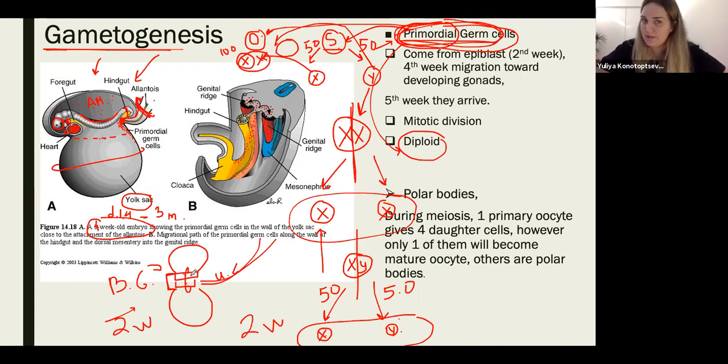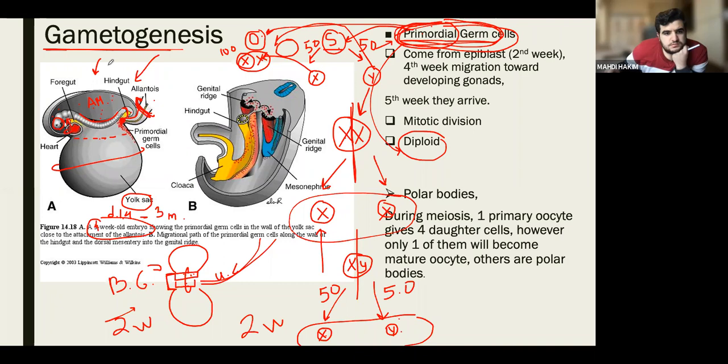Let's recap it quickly. What are gametes? Sex cells. Sex cells are your oocyte and your spermatozoa. Which chromosomes are present in the oocyte? X only. Oocyte is a haploid cell. It cannot have XX.